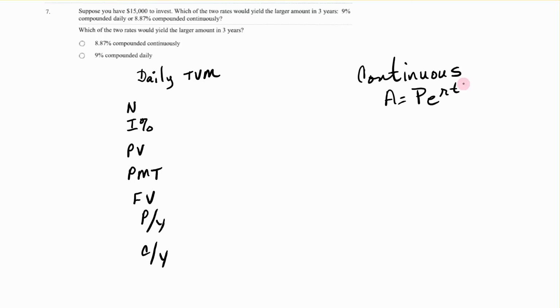So for the first one, we have $15,000. That's our present value.